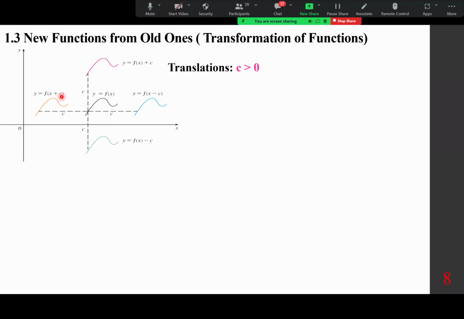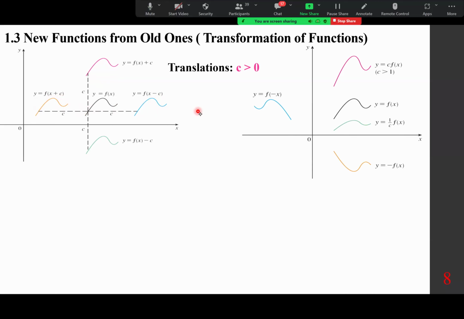If you have f of x plus c, it shifts to the left by c units, and f of x minus c to the right by c units. And if we happen to have, again, c larger than 1 because it makes life easier to understand, y equals f of x. If we say y is c times f of x, the y coordinate gets larger by a factor of c.